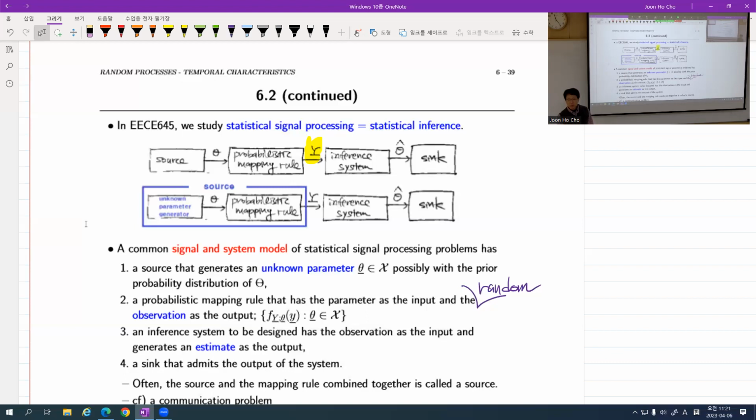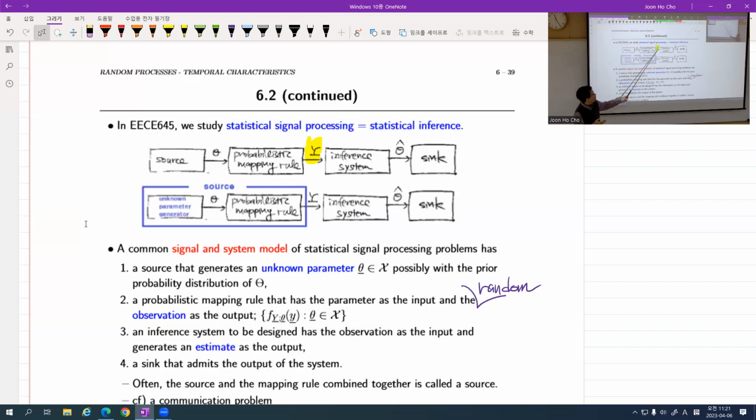The only difference is that we are not much concerned about the training part. In this course, we usually give the exact statistical model of our observation. And then we just design this system. However, in machine learning and AI, we usually are given many realizations of observations.